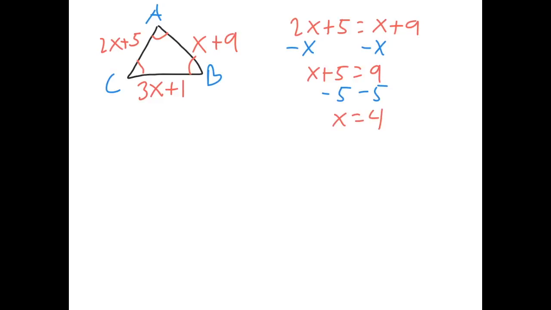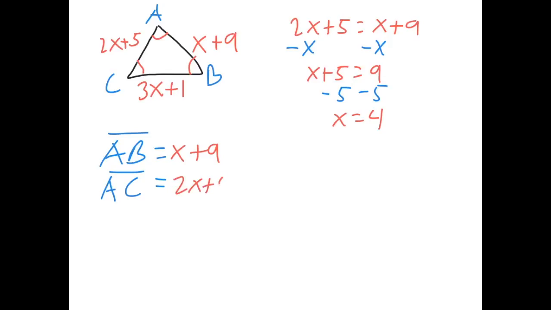So we know x is 4. Now we can use that to find the measurements of all the sides. So we know that side AB is x plus 9, side AC is 2x plus 5, and side BC is 3x plus 1.